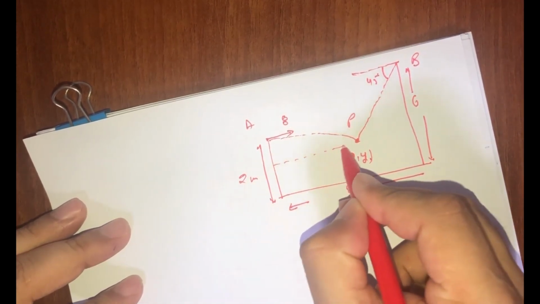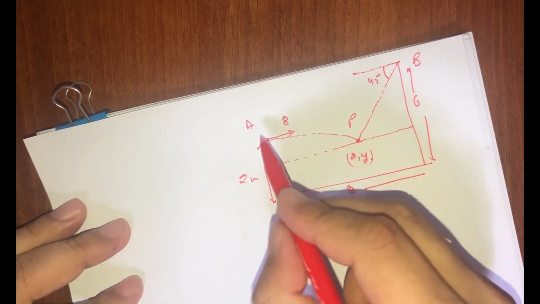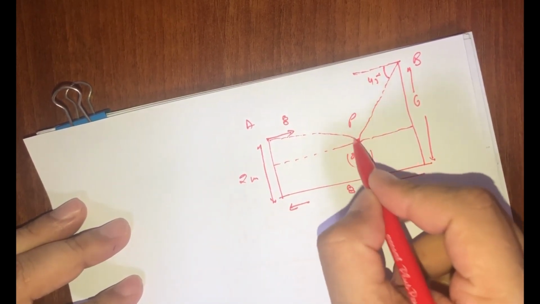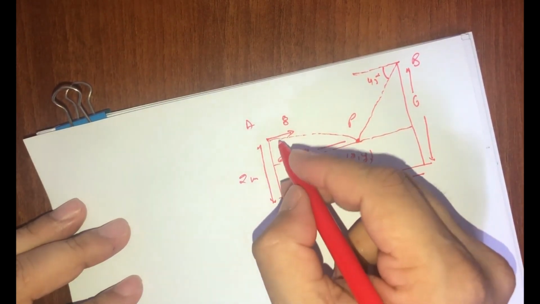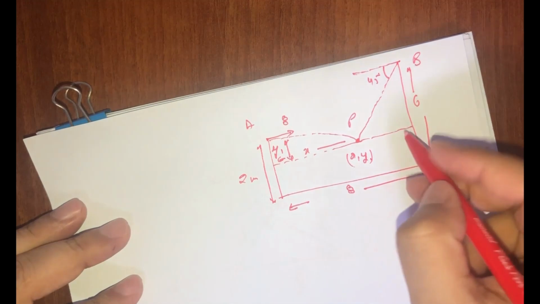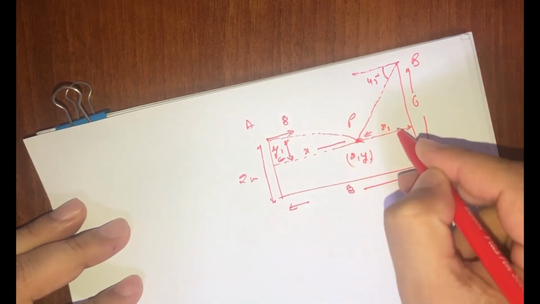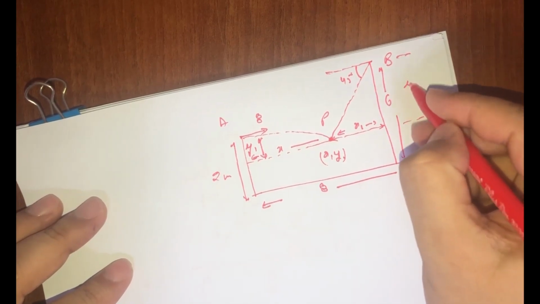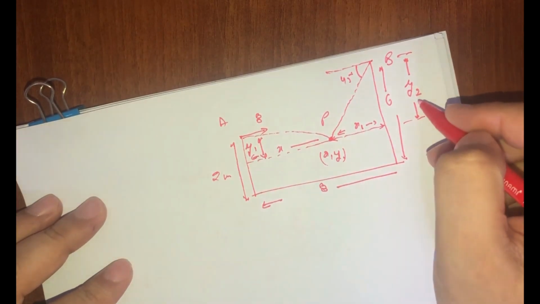So let us define some things here. Let us call the horizontal distance of object A when it collides with object B as x, and the vertical distance as y1, and let us call this distance for object B as x1, and the vertical distance traveled by object B at the point of collision as y2.